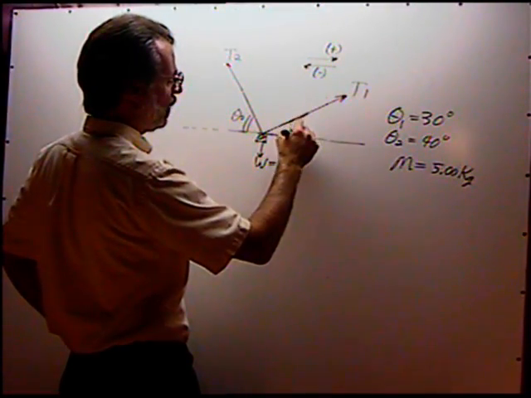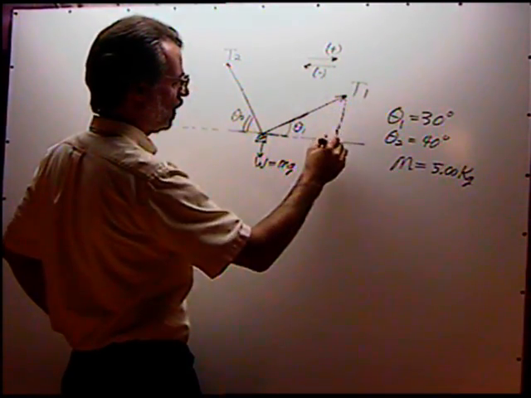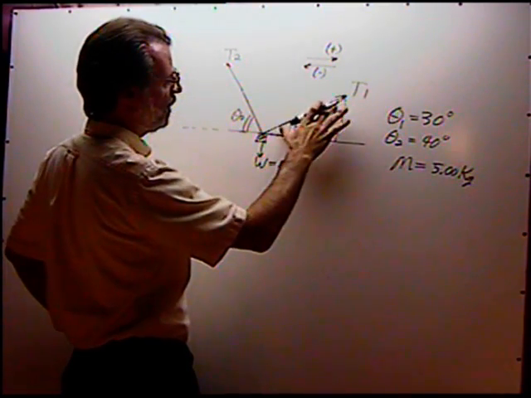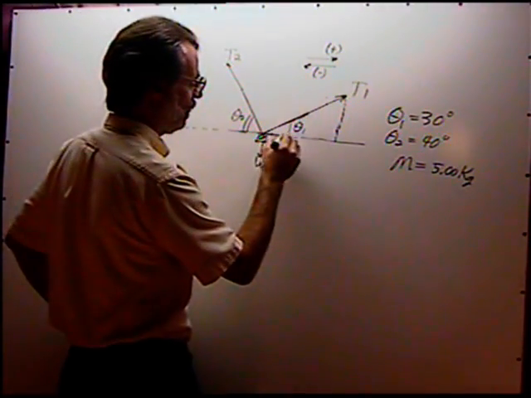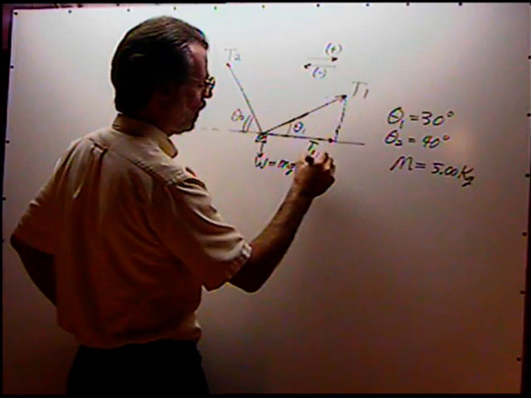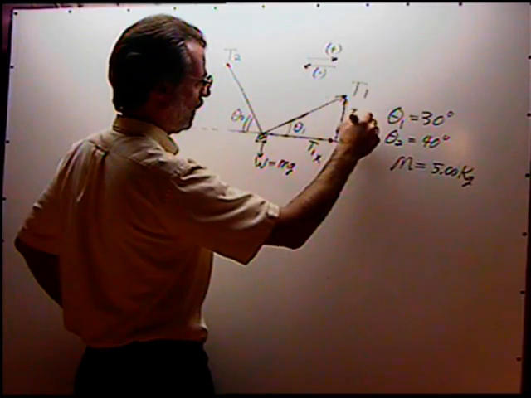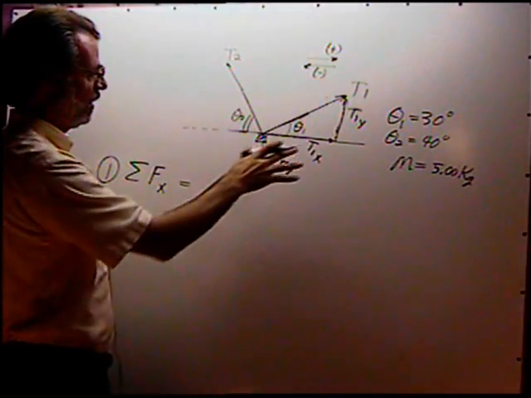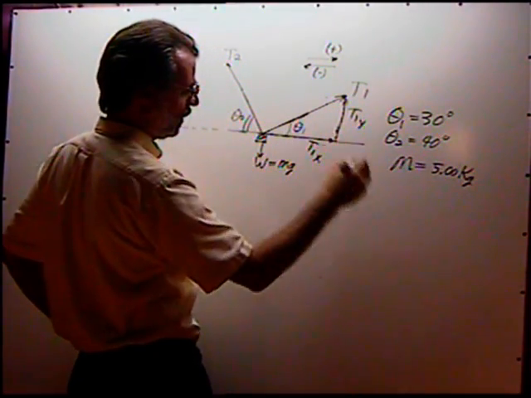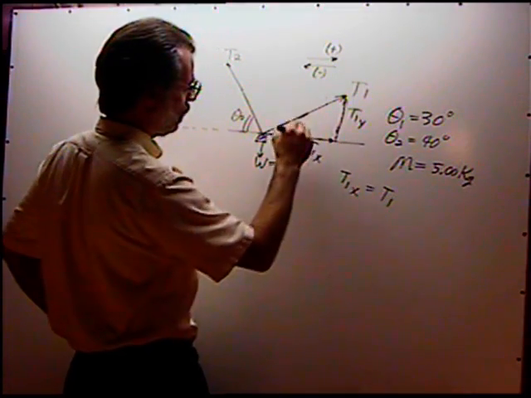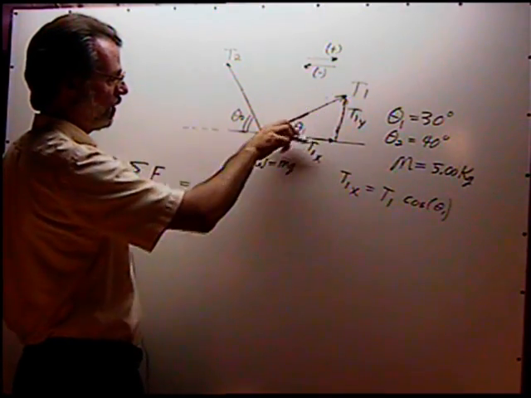I'm going to use a trig. If I drop a perpendicular from here, I can take this T1 and separate it into two components, T1x and T1y. The x component, T1x, is simply T1 times the cosine of theta 1.